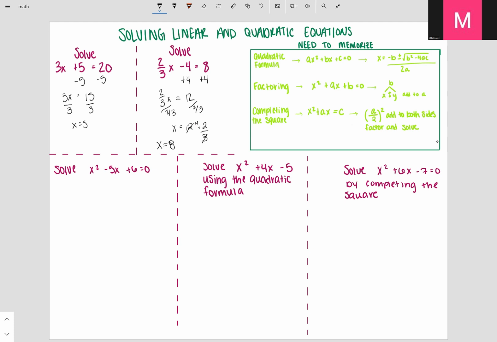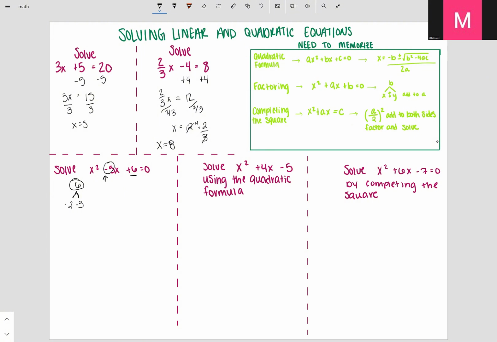Okay, so we can start with factoring. When you factor, we take the last constant, and we want two numbers that will multiply to this constant and add to this constant. And remember to consider the sign. We have a negative here. So let's try 2 and 3.